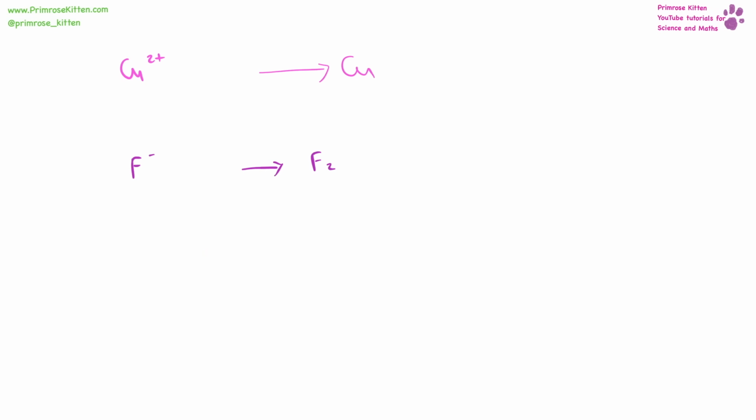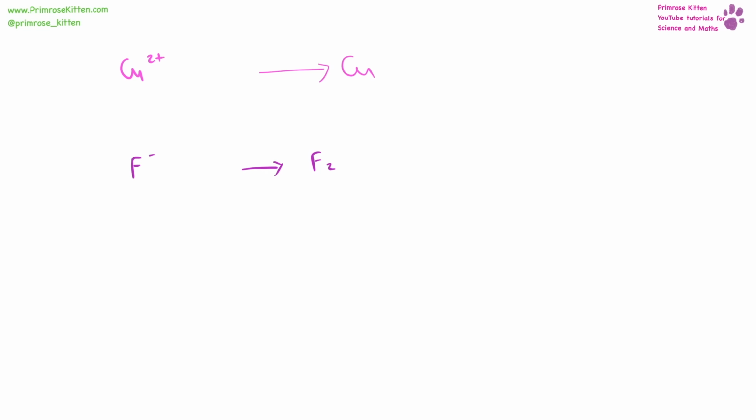At each electrode in electrolysis, we're going to have oxidation and reduction taking place and movement of electrons. And the half equations need to reflect this, and they need to be balanced. The first thing we need to balance is the elements. In the first one, we have copper and copper, one on each side, that's fine. But here we have a 2+ charge, we need to make a neutral charge.